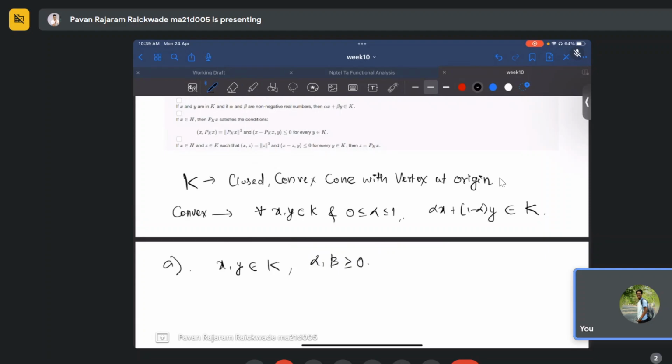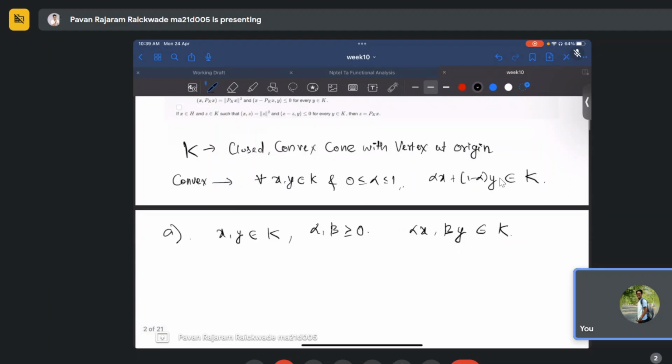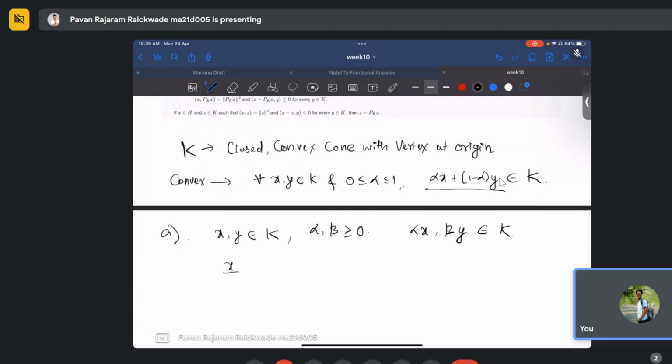From the definition of cone, we know alpha x and beta y both belong to K. From the convexity of the cone, if I put alpha equal to half, I get half of alpha x plus (1 minus half) of beta y, substituting alpha x and beta y in place of x and y because both are again elements of K. This is in the cone, and it equals (alpha x plus beta y) by 2.